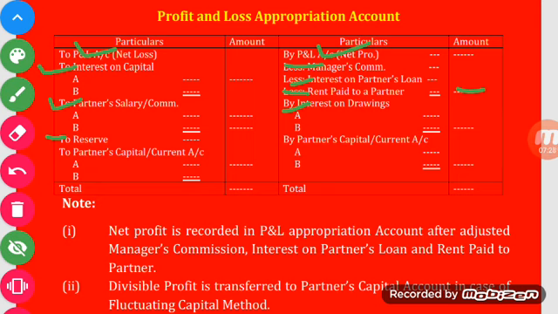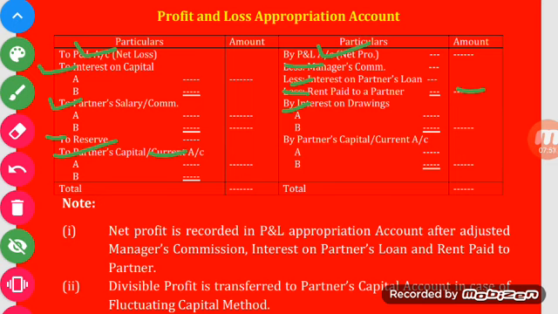profit. It will be distributed among the partners' capital accounts or current accounts. If fluctuating capital is used, this amount will be transferred to the partners' capital account, or if the fixed capital method is used, in such a situation divisible profit will be transferred to the current account.